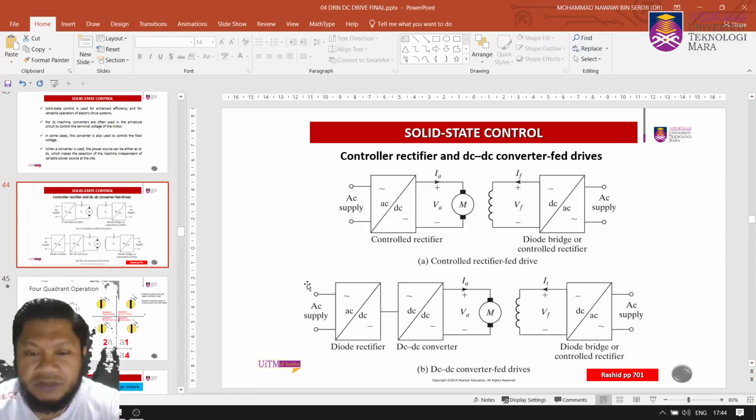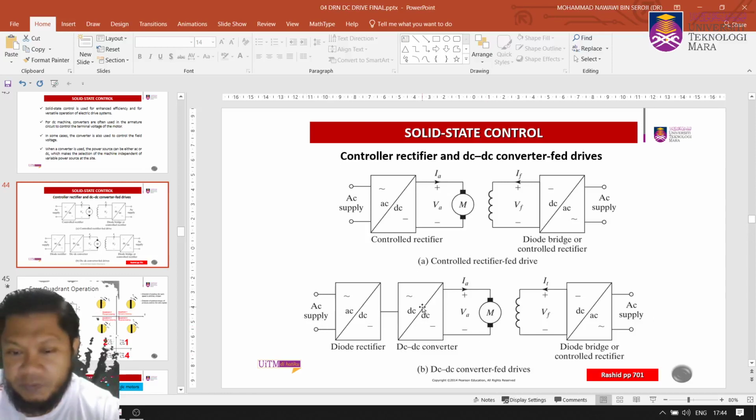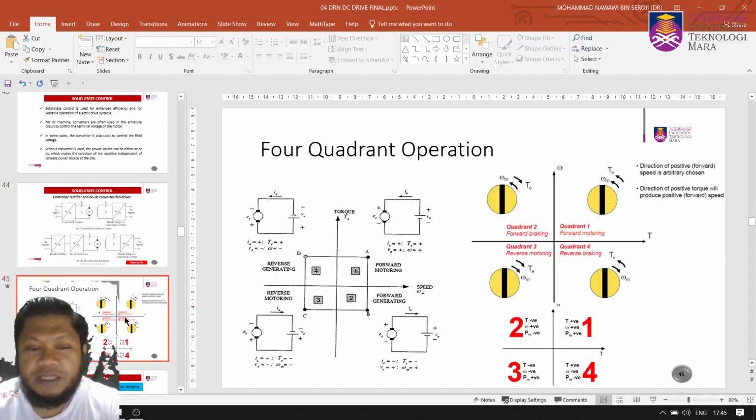So just ignore this AC supply. Here the input is DC, and we control the DC motor.